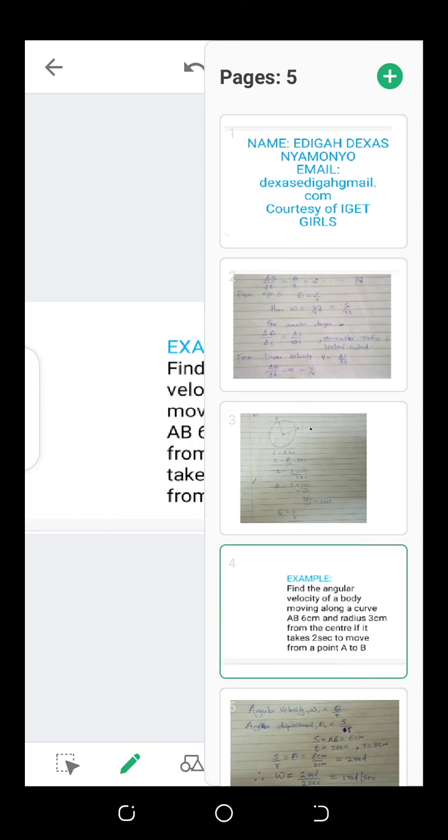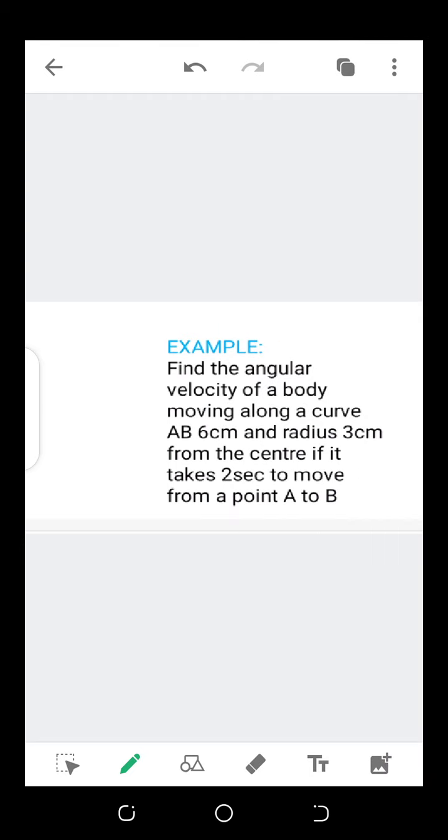Now we can look at an example: find the angular velocity of a body moving along a curve AB of 6 centimeters and radius 3 centimeters from the center, if it takes 2 seconds to move from point A to B. Let's start the solution.